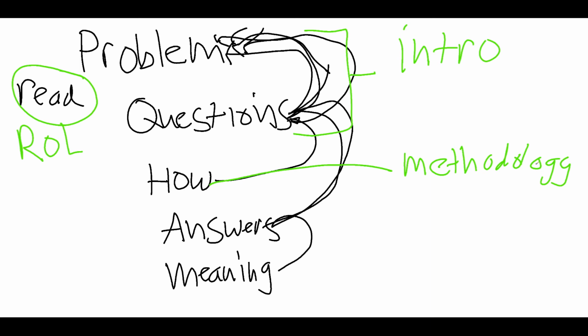You talk about your ethics. You start to share, this is what I'm going to do to answer my questions. The how process behind that. Your actual answers, a lot of times this is called the results section, chapter 4, if you will, of a research paper. And the meaning and interpretation part of it, this is often your discussion and conclusion.